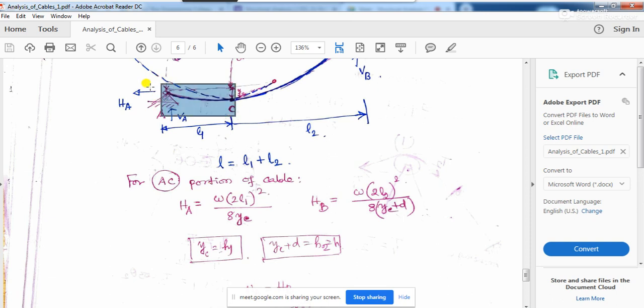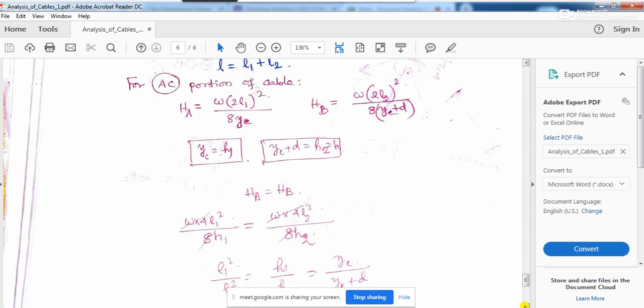If you think that this parabola is getting completed up to this level, how much will be the horizontal force? The horizontal force will be W into 2L1 squared. From here to here it is L1, and from here to here it will be L1. So HA is W into 2L1 squared by 8yc, and HB will be W into 2L2 squared by 8 into yc plus D. Now, what is the final thing we will write?